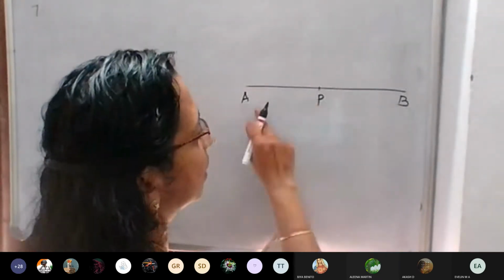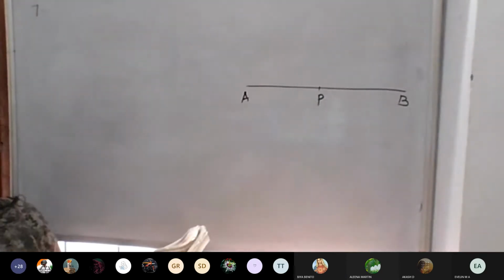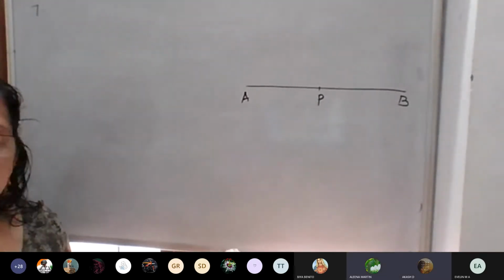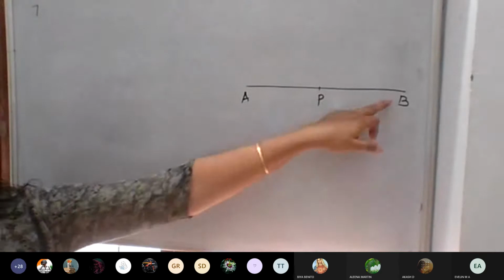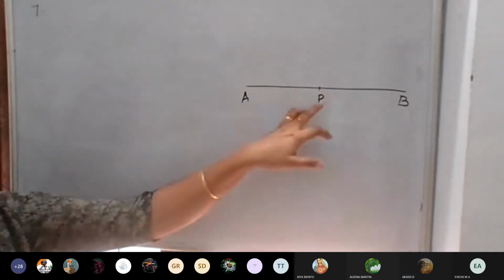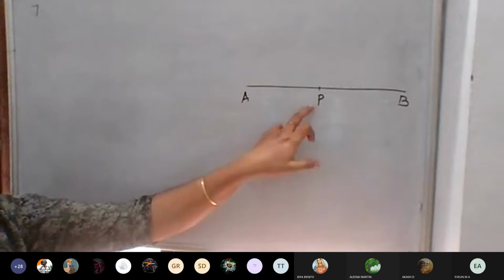If it is 10 centimeters, AP will be 5 and PB will be 5. So the line segment is bisected at point P. Up to this, understood, no?